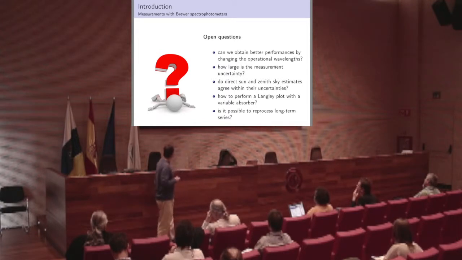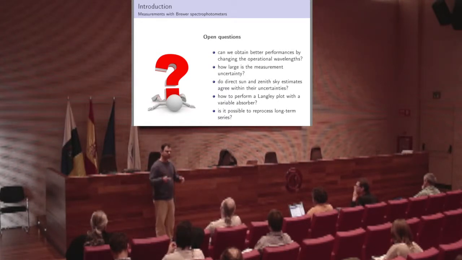So this is a problem. And finally, is it possible to apply any new algorithm to all series? There are very long series back to the 90s, for example, and they would be very useful information for the network.